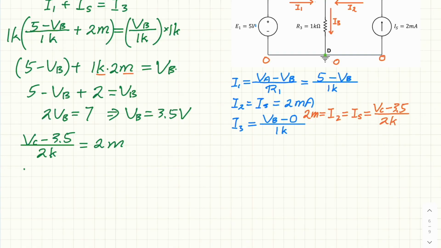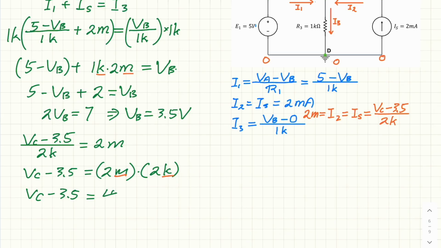So VC minus 3.5 equals 2M multiplied by 2K. Again, M multiplied by K equals 1. We have VC minus 3.5 equals 4. So VC equals 7.5 volts.